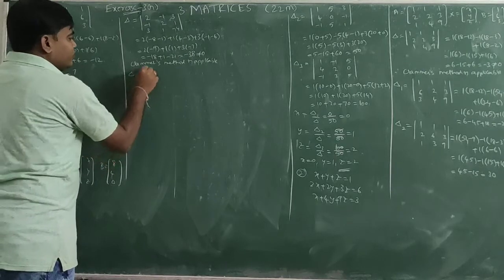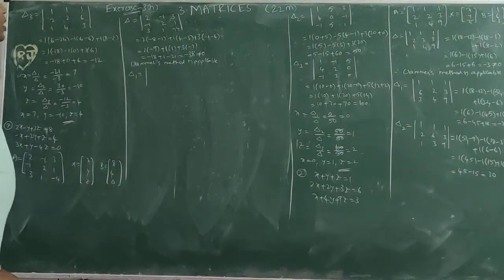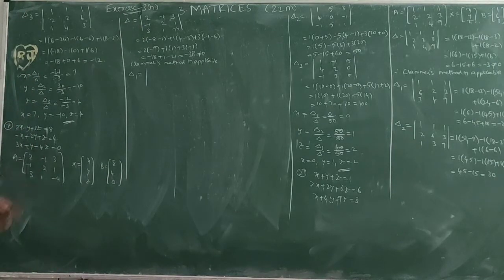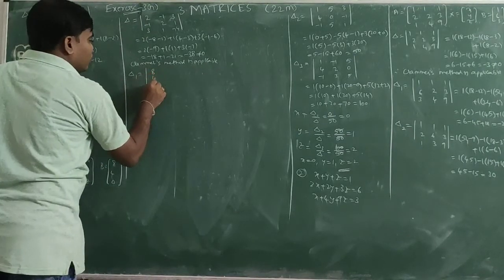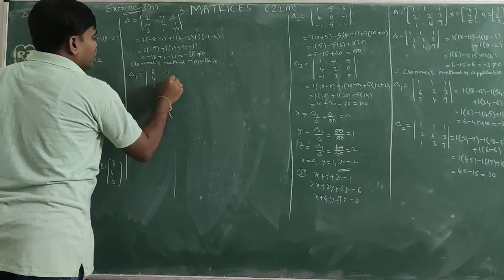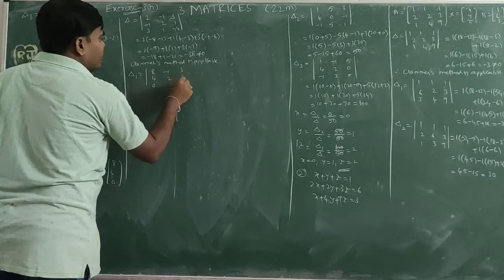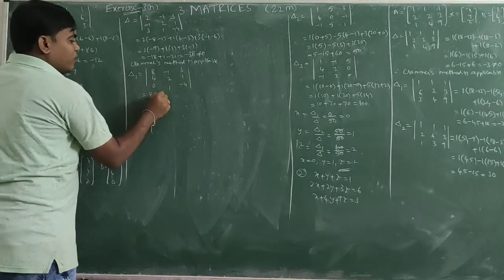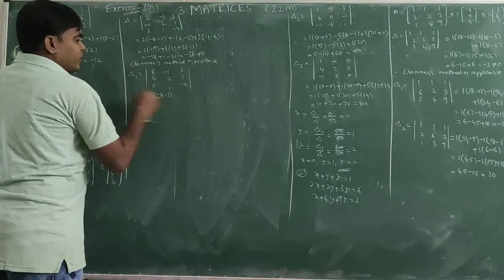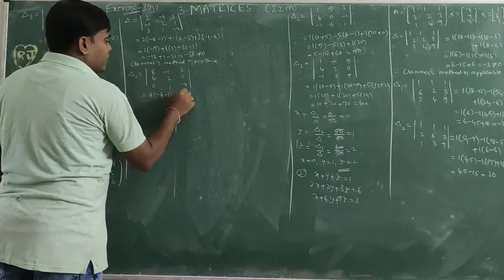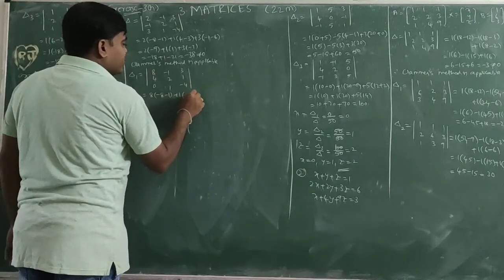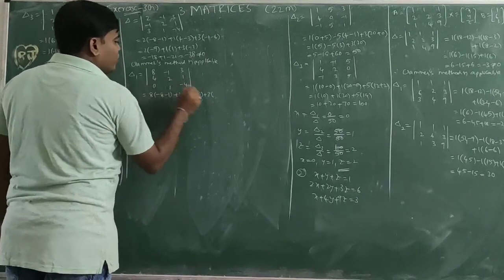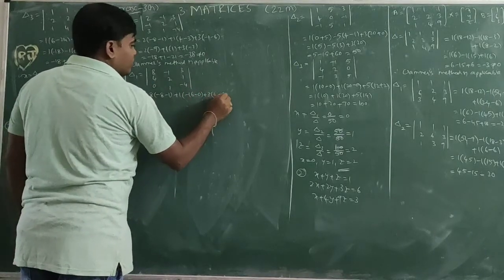Delta 1 equal to, first we are replacing the first column with 8, 4, 0: 8, 4, 0; minus 1, 2, 1; 3, 1, minus 4. 8 of 2 into minus 4, minus 8, 1 into 1, minus 1. Changing the sign, plus 1 of 4 into minus 4, minus 16, 0 into 1, 0, plus 3 of 4 into 1, 4, 0 into 2, 0.